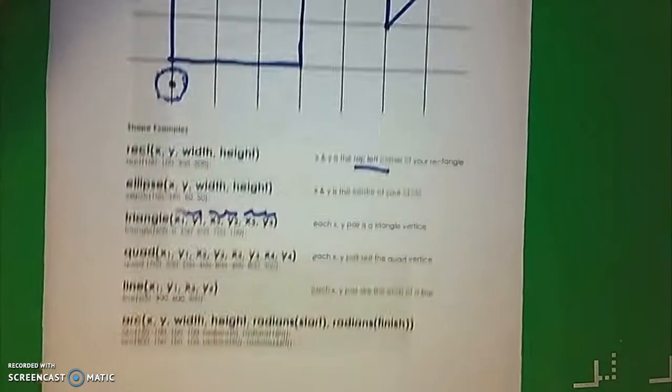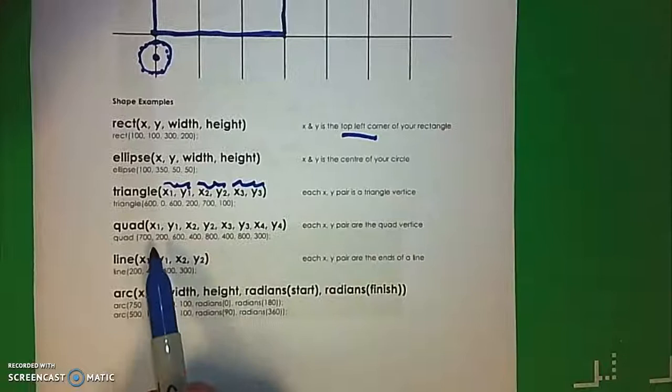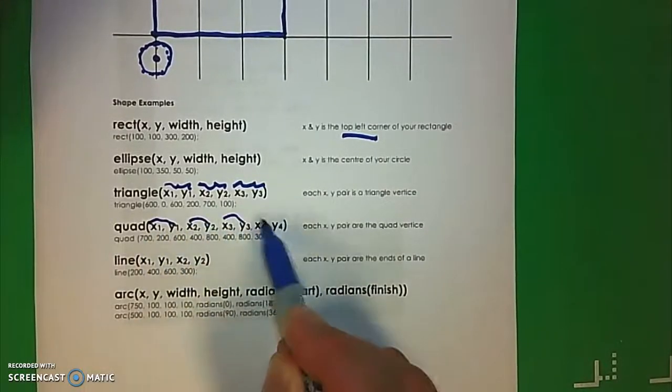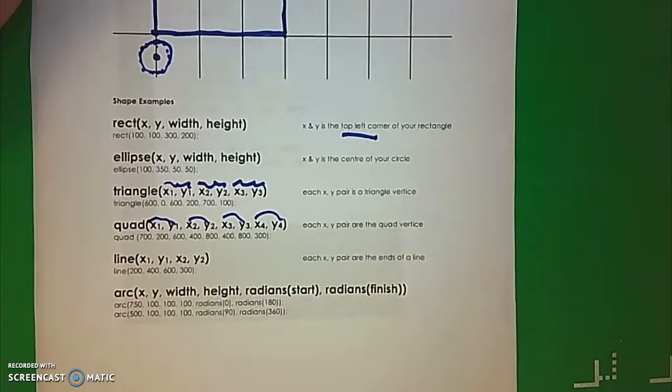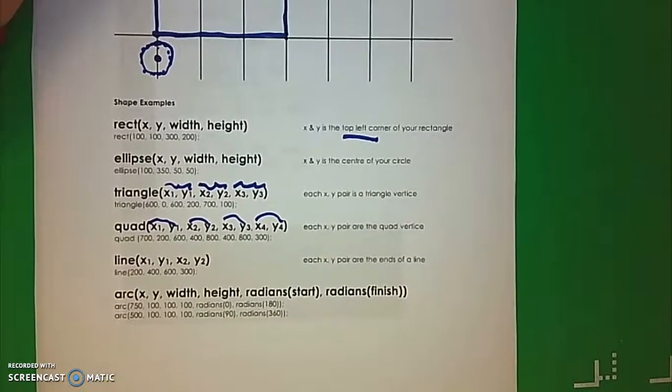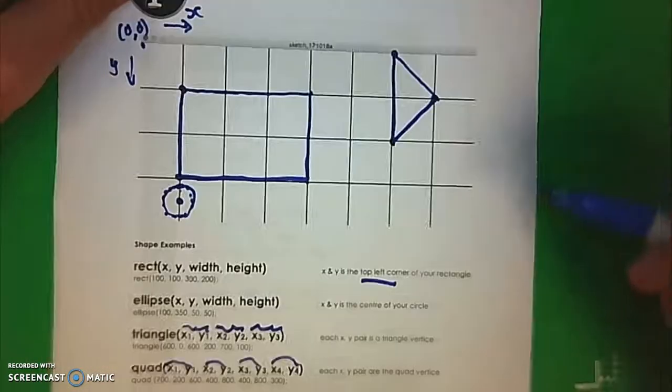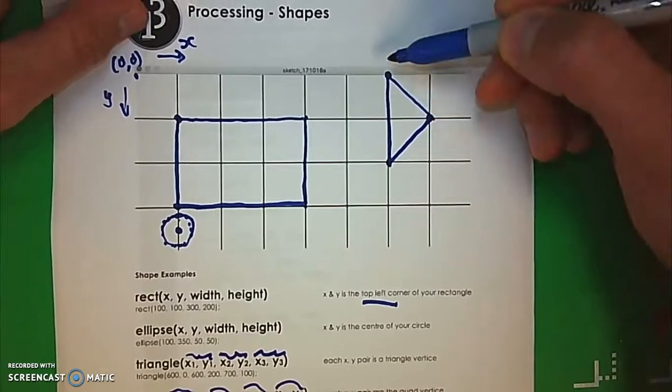The next shape we're going to look at is a quadrilateral. The quadrilateral is much like the triangle, except we have 4 sets of coordinates. Let's plot those 4 coordinates on this grid, and then we'll join them together to create a 4-sided shape. Our first one is 700, 200.